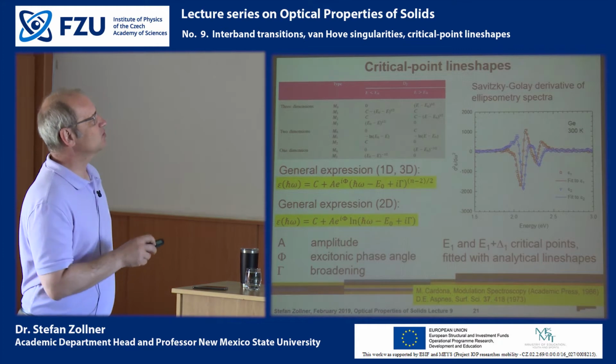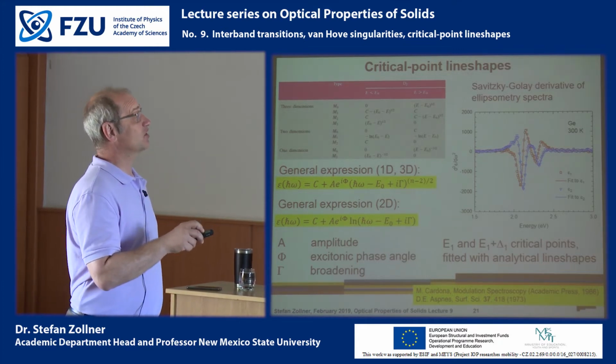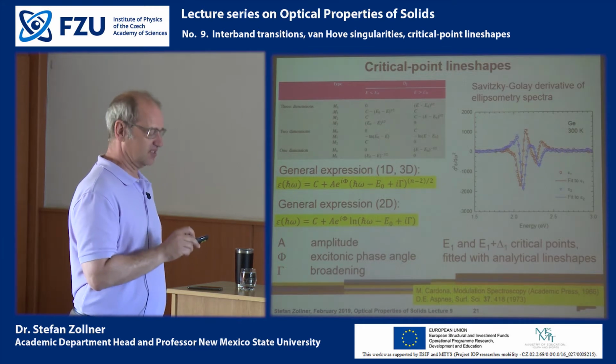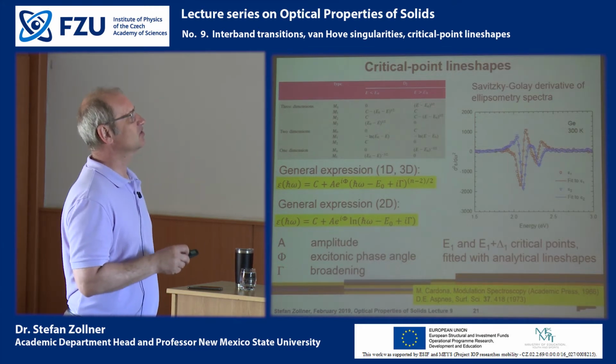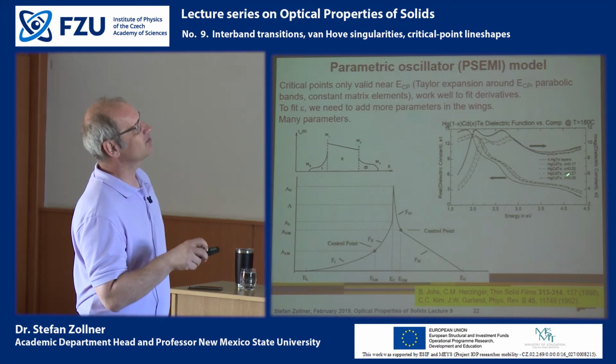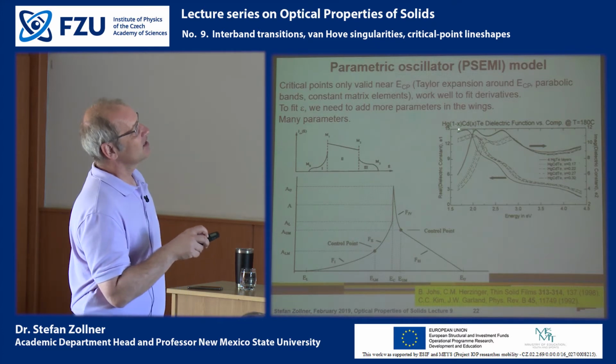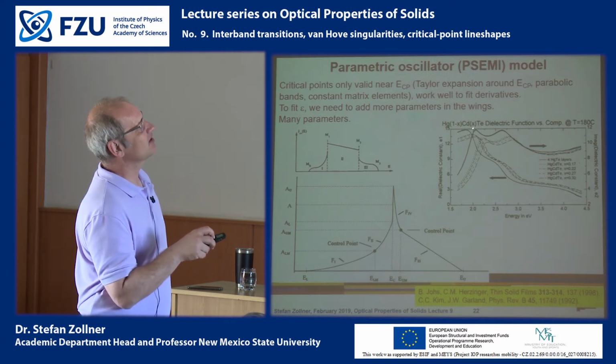We need to modify these critical point expressions to allow additional flexibility to take into account the actual dielectric function. So here, for example, this is mercury cadmium telluride, an alloy with varying cadmium compositions.